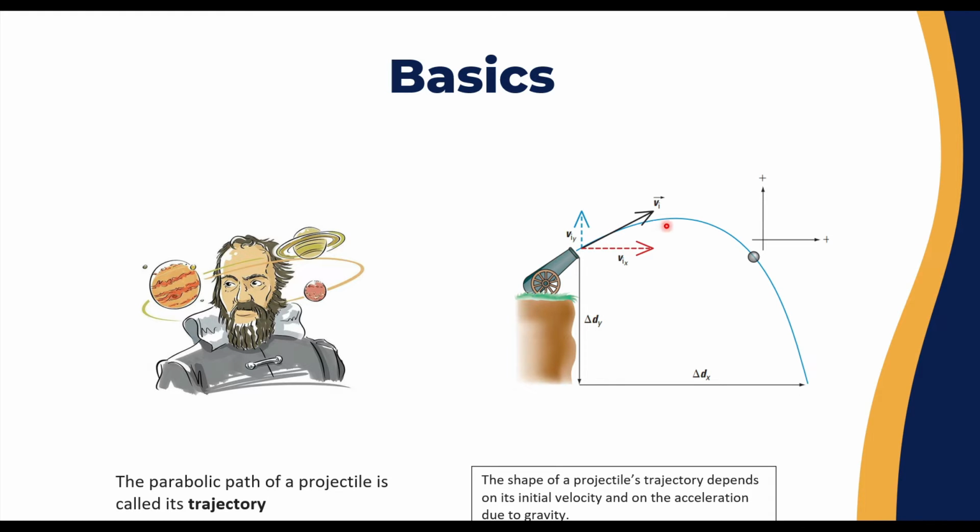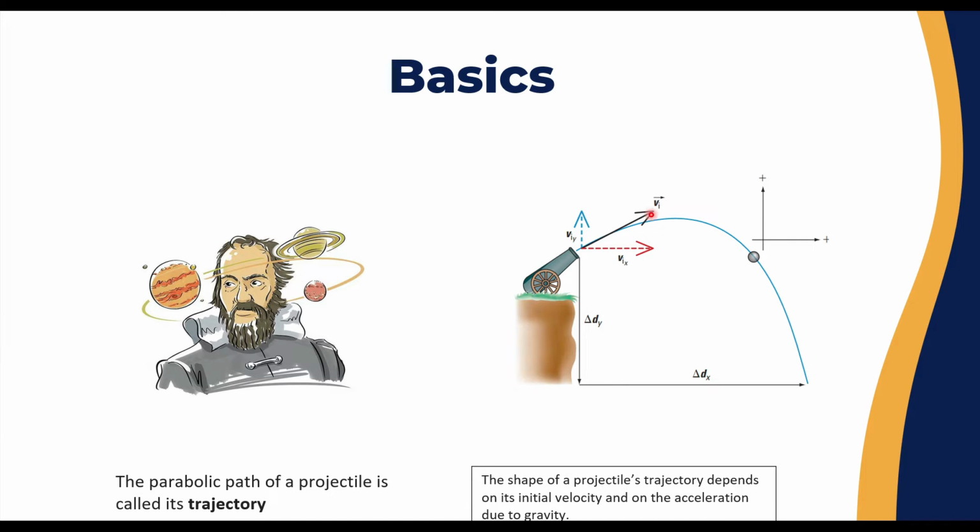As you can see here, there's a cannon throwing this ball. It's going in a trajectory and hitting the floor eventually. So trajectory is defined as the parabolic path of a projectile from the moment it starts to move to the moment it hits the ground.